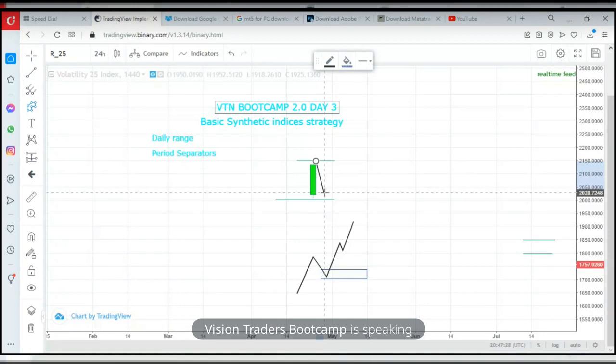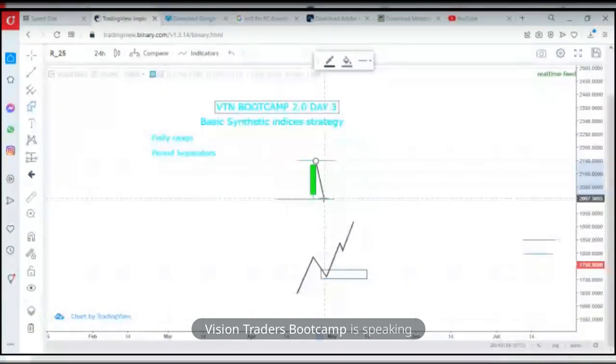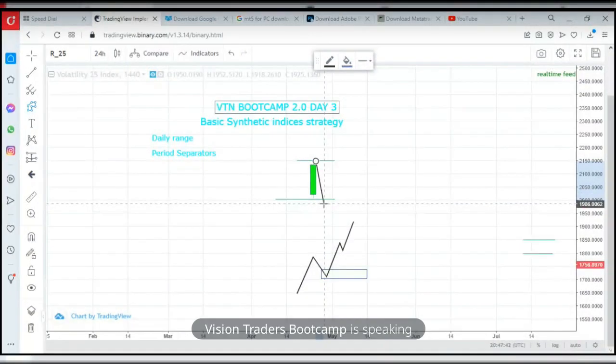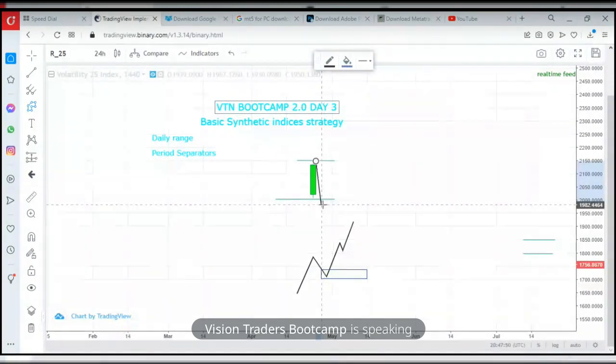Now, after this has taken out the down range of the previous daily candle, the next thing you want to do, farms, is to look out for change of market character below this daily.